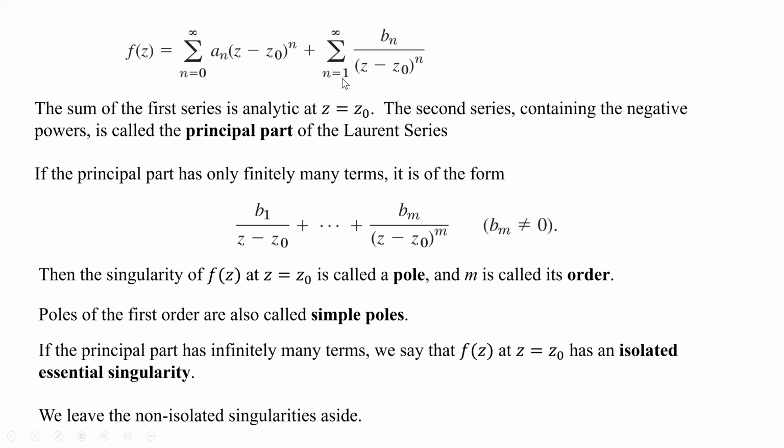But if it is finite, we call the singularity a pole. And we say m, which is the highest power in the denominator, if you wish, is called the order of that pole. If that highest order is only 1, meaning we have only the first term in this series, we call it a simple pole. Okay, and that b_1 is the residue of that simple pole.